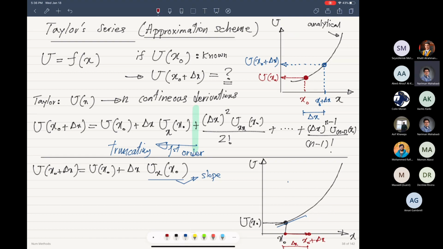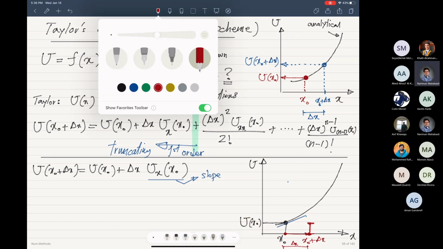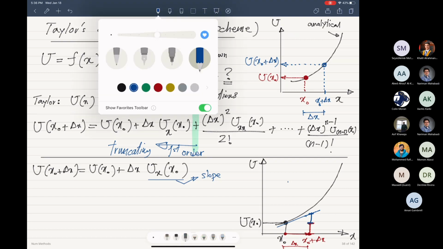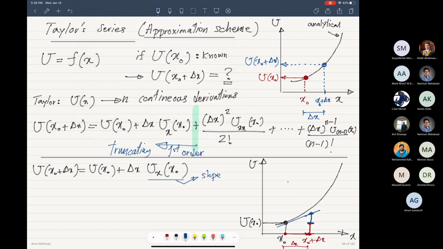Let's move up. This value right here is also equal to u at x naught. So if I draw this slope and add this distance to what I had initially, then I can guess my u at x naught plus delta x.